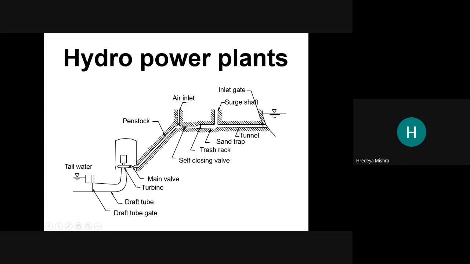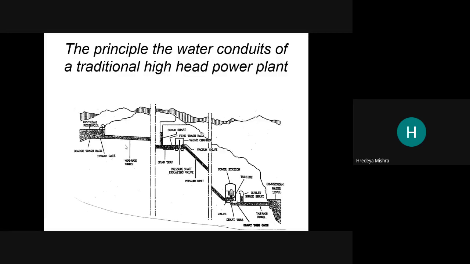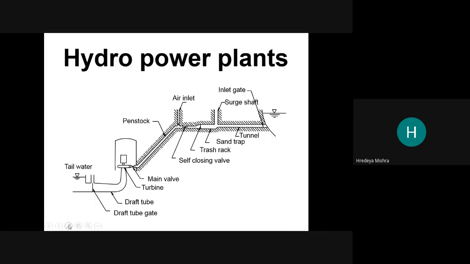So why is the air inlet there? To measure whatever the pressure of the water available in the tunnel. Okay, and now here, this is the level of the turbine, okay, and this is the level of the tailrace.